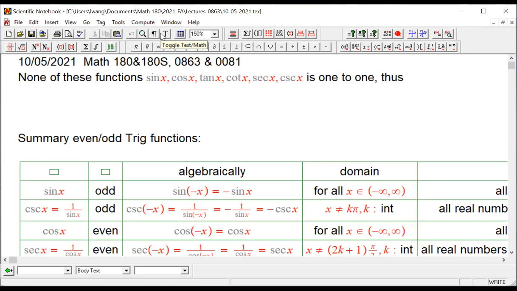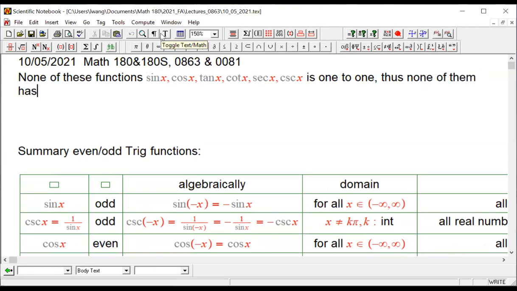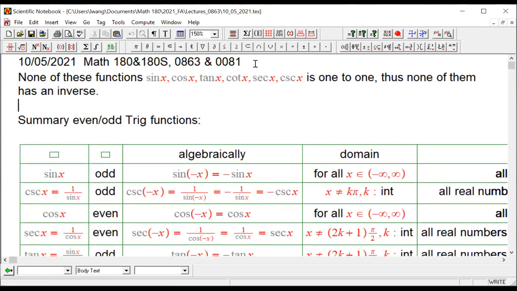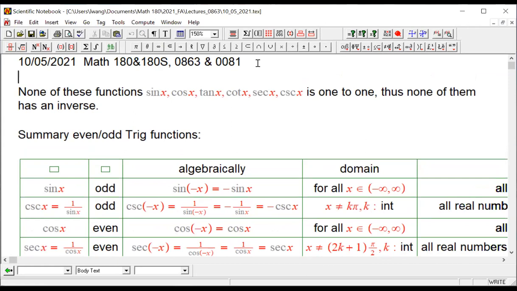Thus, none of them has an inverse. Period. They don't. I want you guys to write down this sentence: they don't have inverse. They never had one, and they never will.